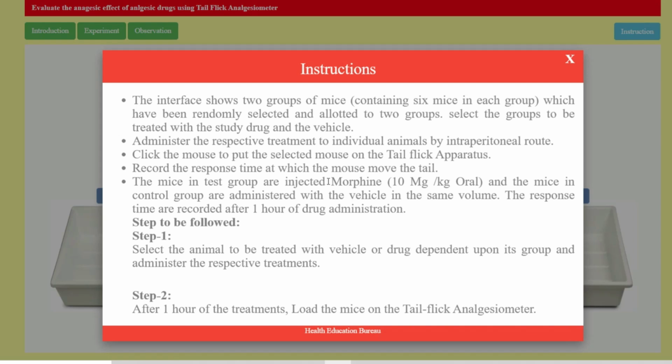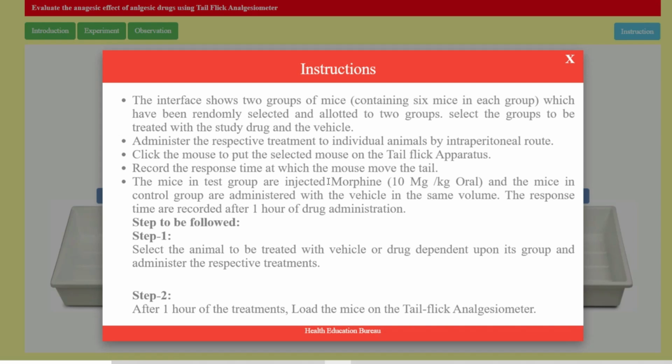So here we have to give the drug orally or IP as per the analgesic drug type, and after 1 hour we will start the experiment. We will follow these steps. For step 1, select the animals to be treated with vehicle or drug depending on the group and administer the respective treatment. We will select by clicking one by one.